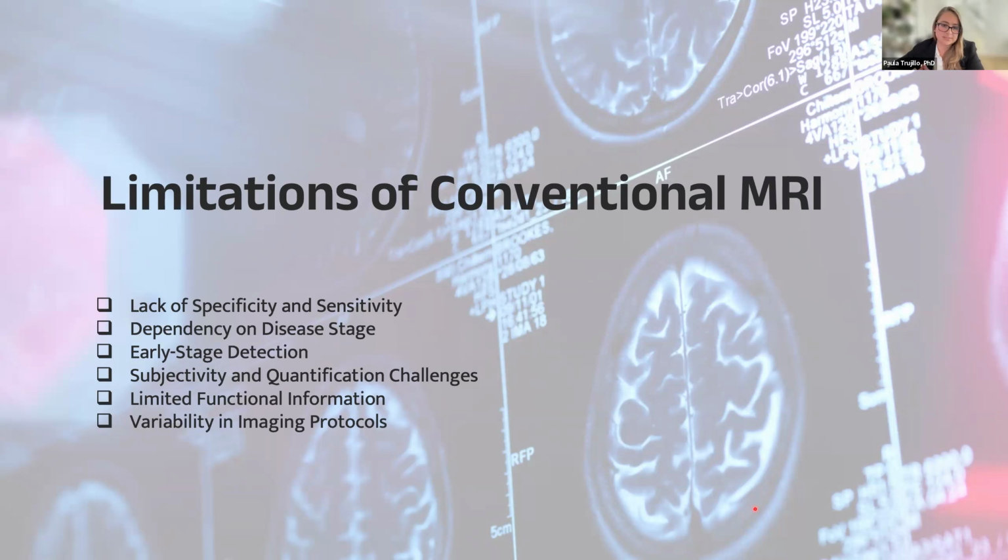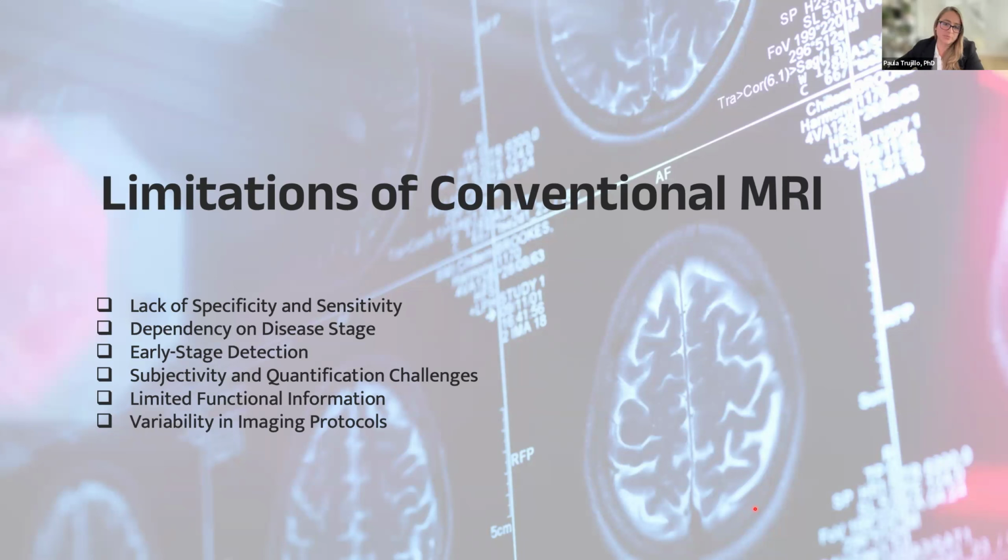So in the early stages of MSA, MRI might not show significant abnormalities, and this can lead to misdiagnosis or delayed diagnosis. While MRI can provide detailed structural information about the brain, quantifying the extent of degeneration or changes specific to MSA can be difficult, and this can hinder tracking disease progression accurately.